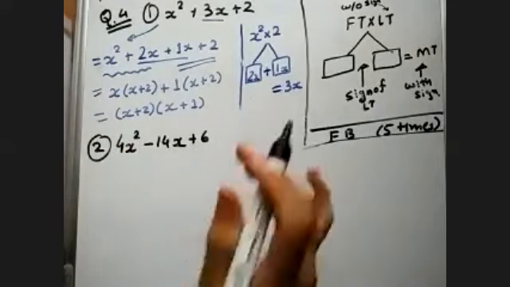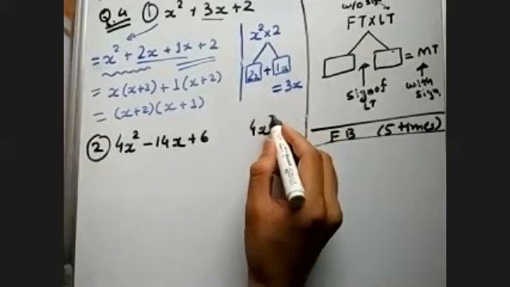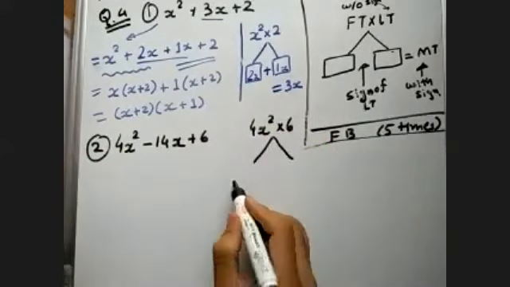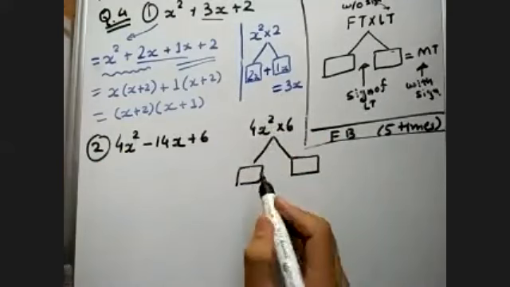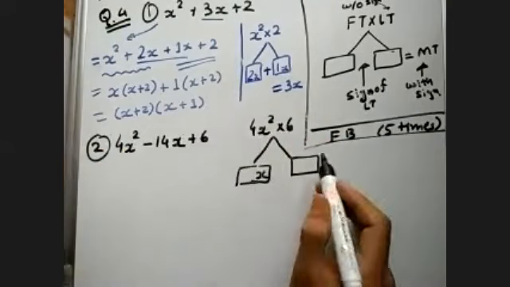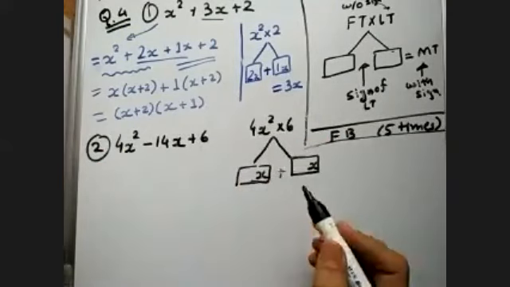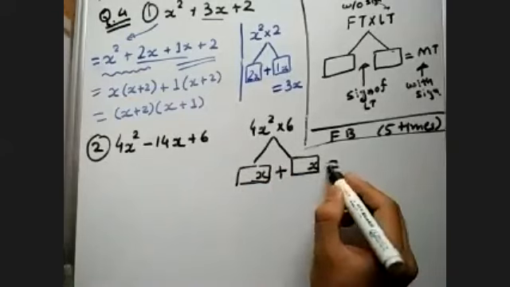So here my first term will be 4x square. The last term will be 6. Right. I have to find its factors. So first of all, factors of x square will be x. Okay. Now the sign of the last term, that is plus. My answer should be the middle term with its sign. Middle term is minus 14x.